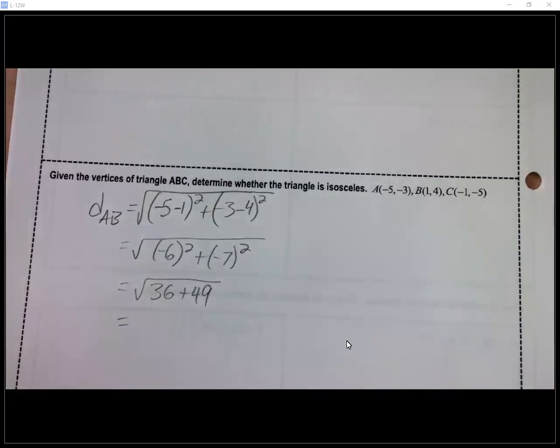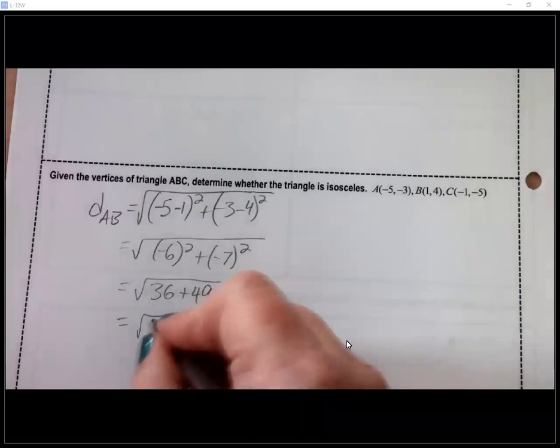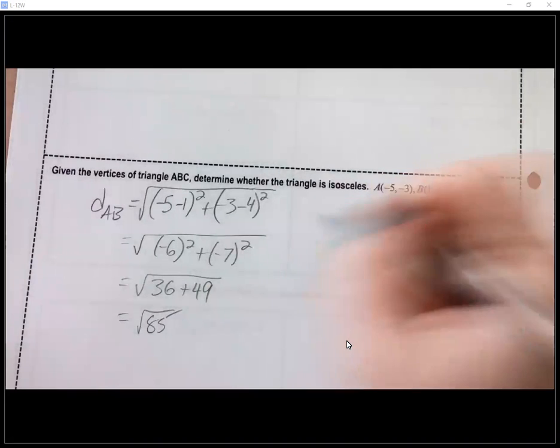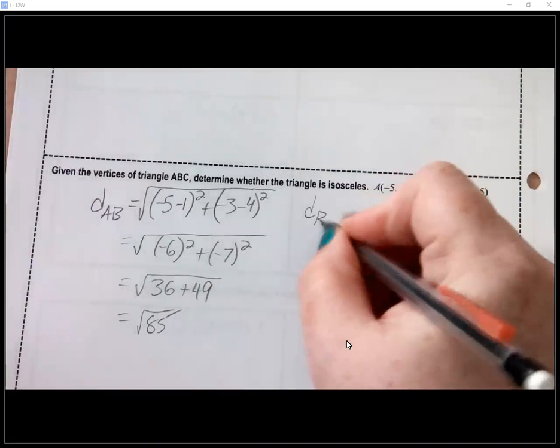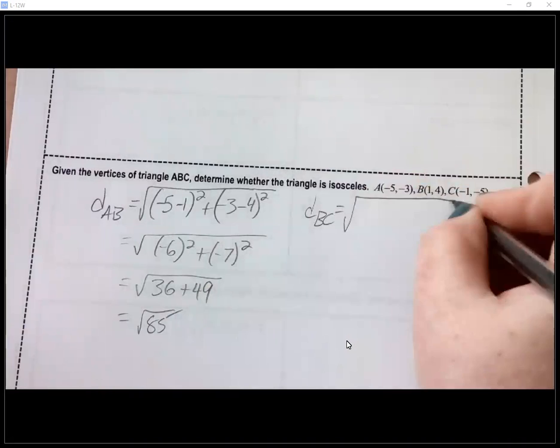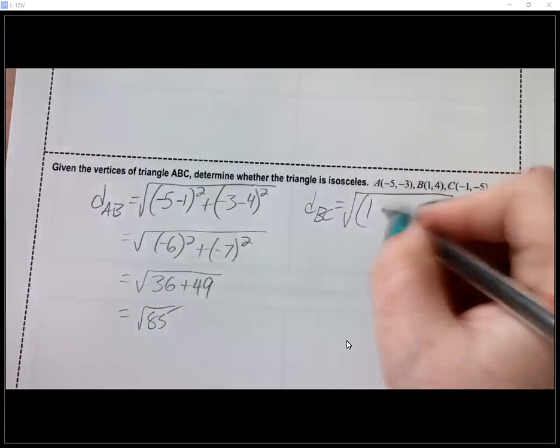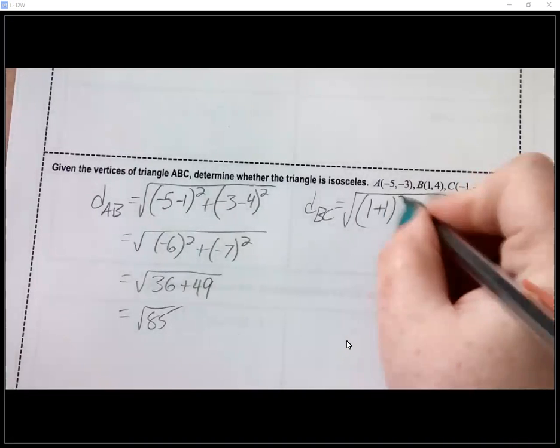Yes. Okay, I don't even need to go into decimal. You could, but if I get square root of 85 for another one, then I know my answer is a yes. So I already did AB, so now maybe I'll do BC. That would be 1 minus -1 turns into a plus, close it, square it.